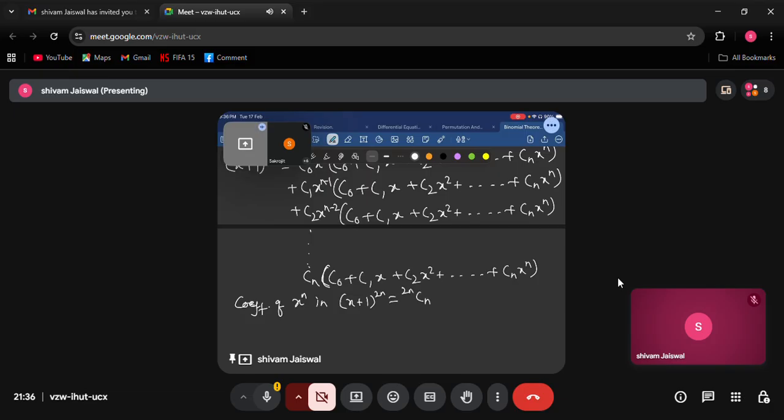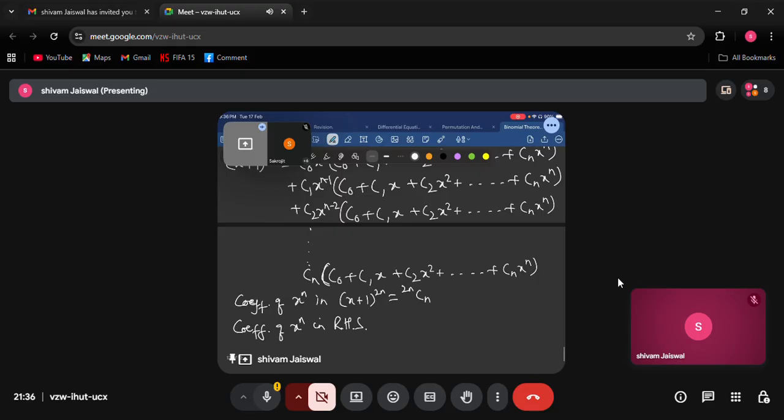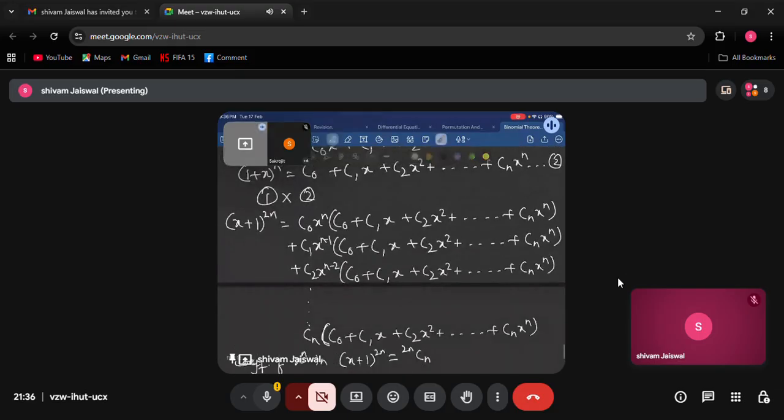Next, what is the coefficient of x to the power n on the right hand side? Let us see how it is forming. The coefficient of x to the power n is C0 into C0, then C1 into C1, then C2 into C2, then C3 into C3, then Cn into Cn.